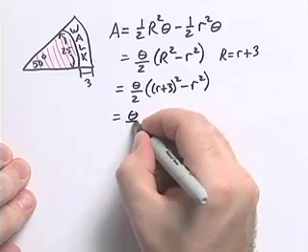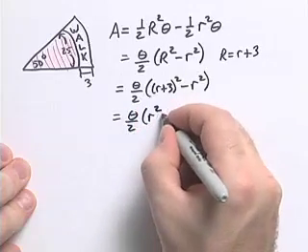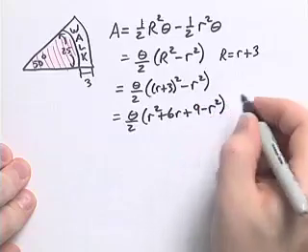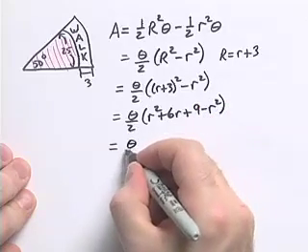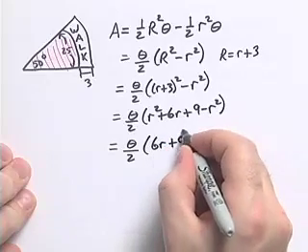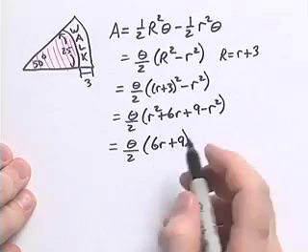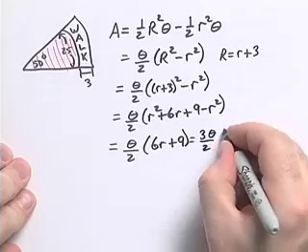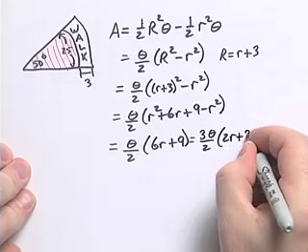This will be theta over 2 times r squared plus 6r plus 9 minus r squared. And that cleans up to theta over 2 times 6r plus 9. And we can actually pull out a factor of 3, so we'll get 3 theta over 2 times 2r plus 3.